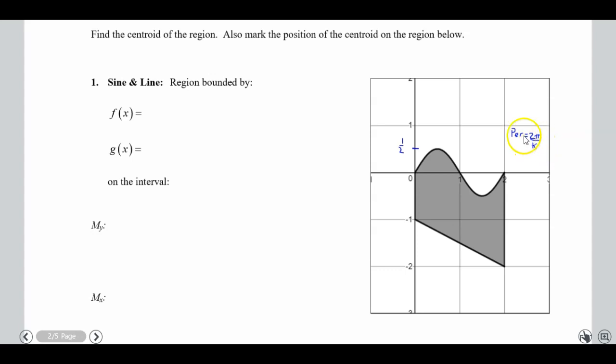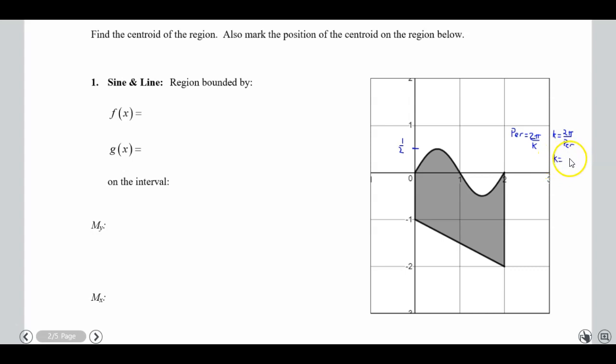You can also think of k as 2 pi over the period, so sometimes that will also help. In this case, if we know the period is 2, we'll just get 2 pi over 2, which is pi.